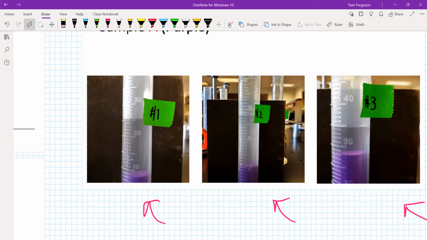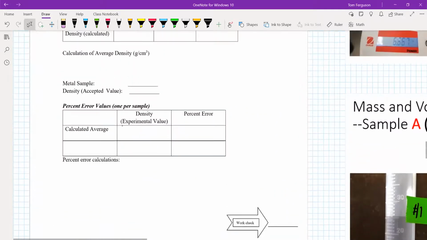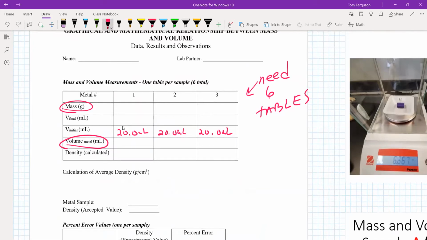So if the object goes up to 40 and we start at 20, the object's volume is 20. If it went up to 30 and we started at 20, the object's volume is 10. So we always need an initial volume of the water we start with, and then the final volume after we throw the object in. Hence, we subtract the initial volume from the final volume, and that's what's going to go here.